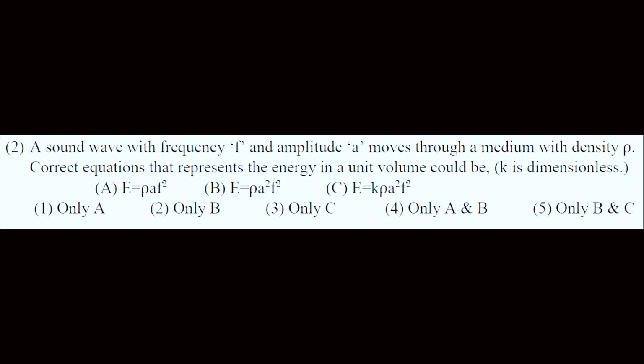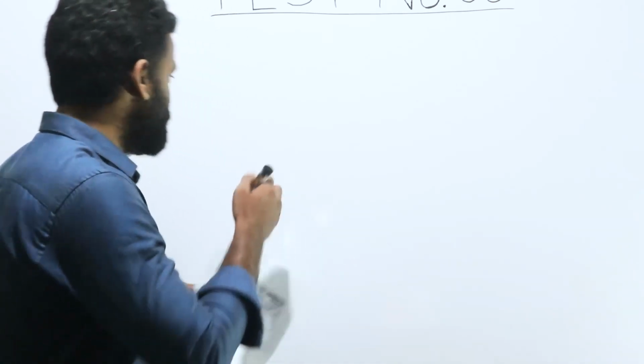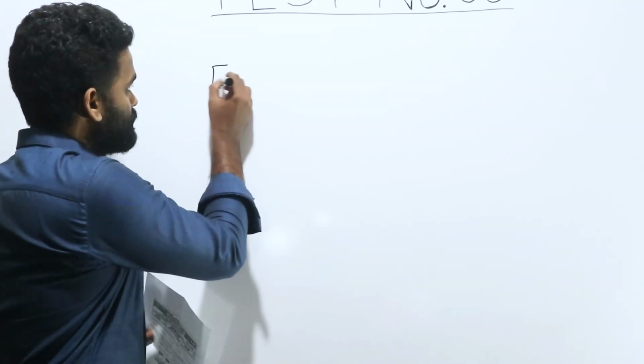A sound wave with frequency F and amplitude A moves through a medium with density rho. The correct equation that represents the energy in a unit volume could be, and they say that K is dimensionless. Okay, so energy in a unit volume.